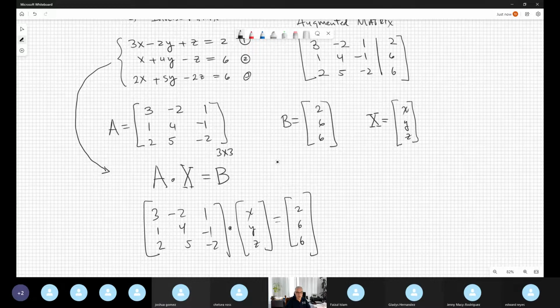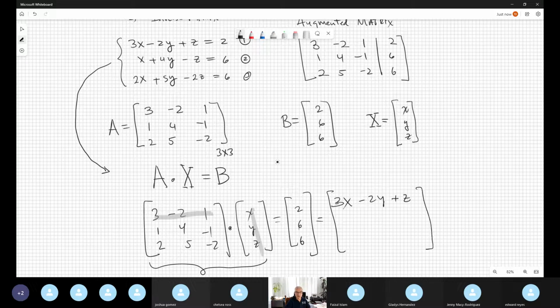Now I perform this multiplication. This is row times column multiplication: 3 times x, minus 2y, plus 1c. This is 3 by 3, and this is 3 by 1, and we expect 3 by 1.